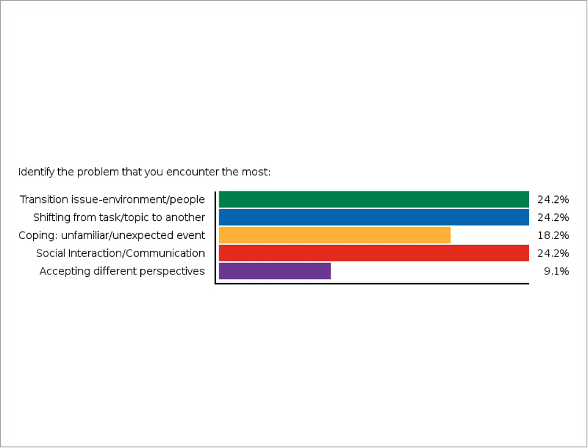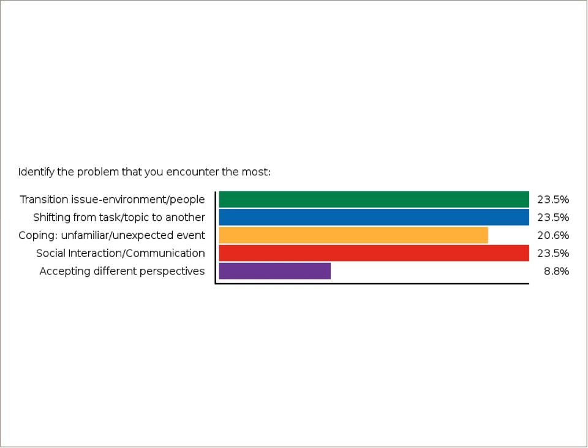Okay, it's very, very interesting. Transition issues seem to be a major one, and it's possible that some of you feel many of these issues are equally important. Many of these are issues you encounter on a daily basis with children who have cognitive flexibility difficulties. Transition issues, yes, certainly. Shifting from one topic or task to another, I can imagine that.